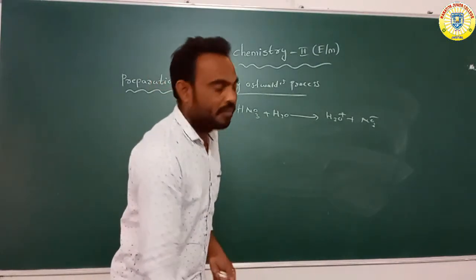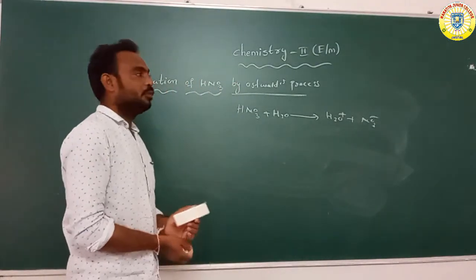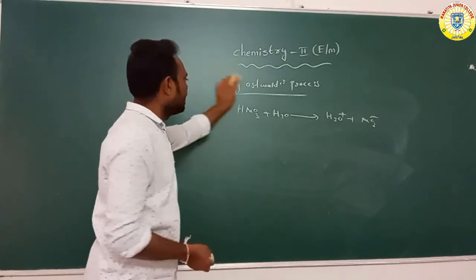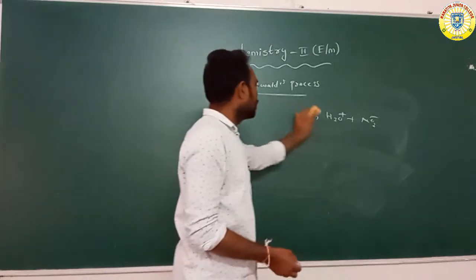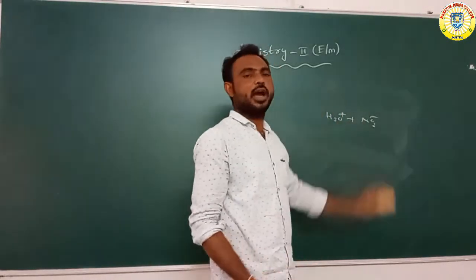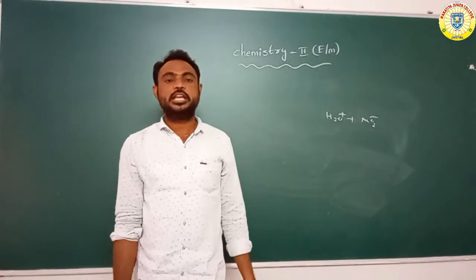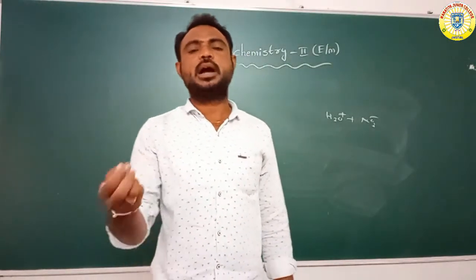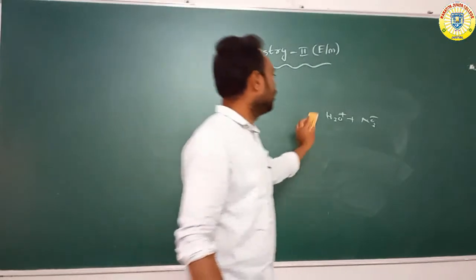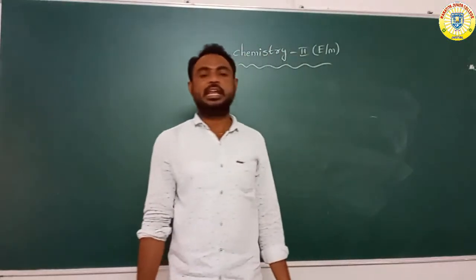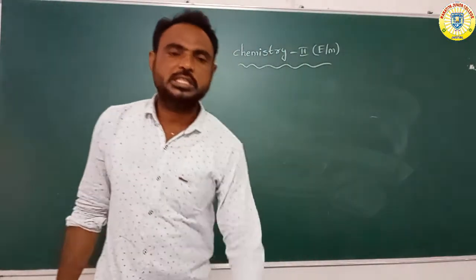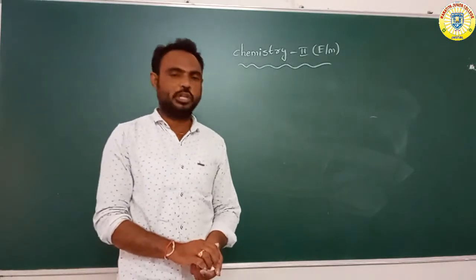So when HNO3, nitric acid, reacts with water molecules it forms two types of ions, H3O+ hydronium ion and NO3 minus nitrate ion. So these are the physical properties of HNO3.